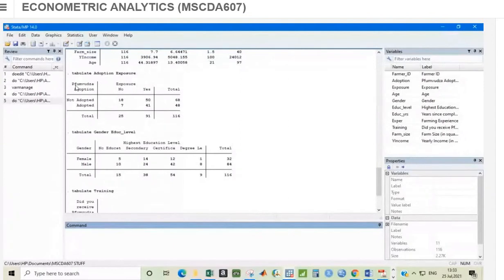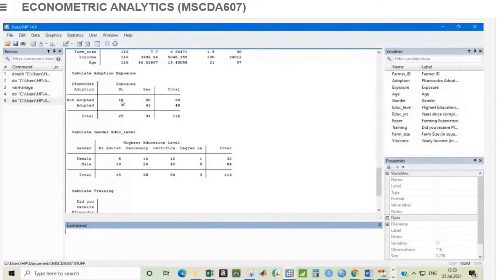From here, adoption is obtained as Fumvuza adoption, but the variable name is adoption. So you can see that when it comes to output, what comes out are the labels. So when you say tabulate and put two variables, they will give you a table like this.